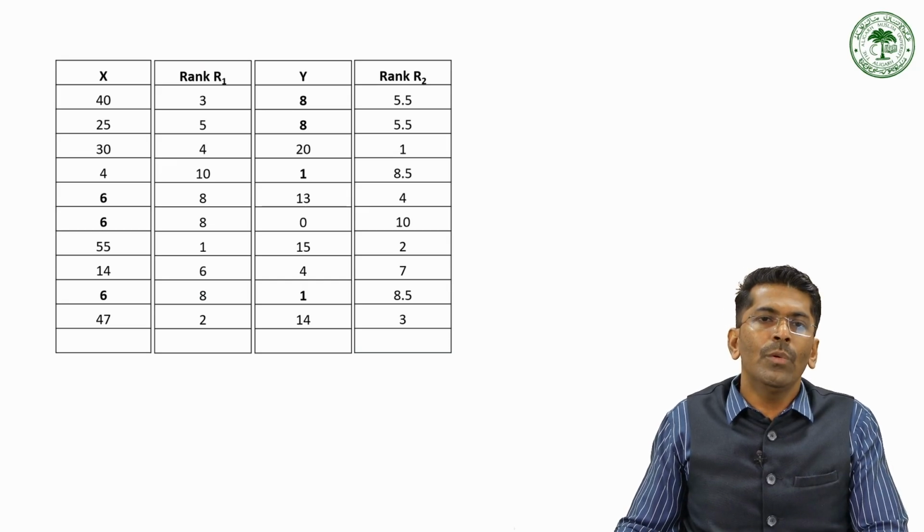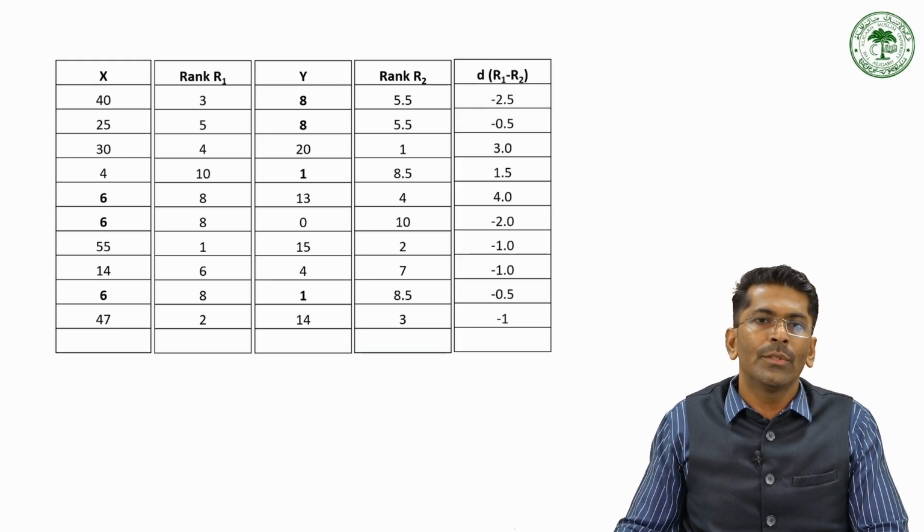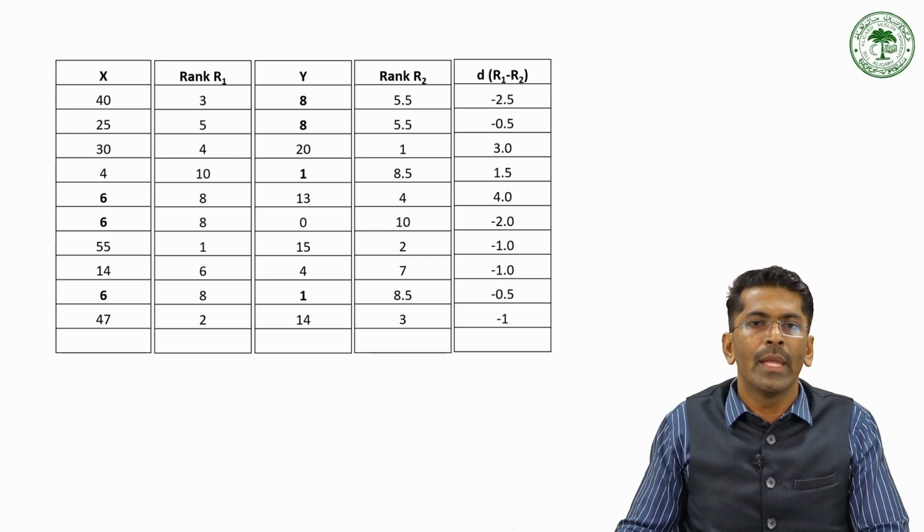Now, by using these ranks, we want to calculate the difference between these two ranks. So the difference between the two ranks: 5.5 minus 3, which is equal to minus 2.5, 5.5 minus 5, which is equal to 0.5, 1 minus 4, which is equal to minus 3, then 8.5 minus 10, which is equal to minus 1.5, then 4 minus 8, which is minus 4, and so on.